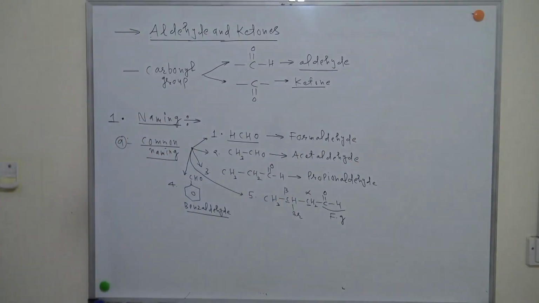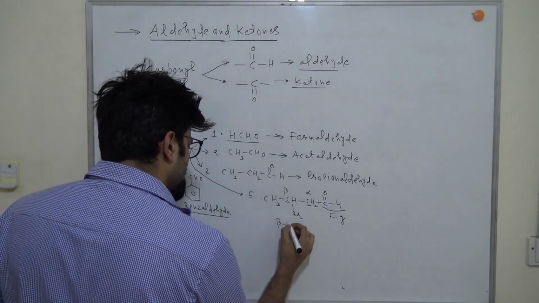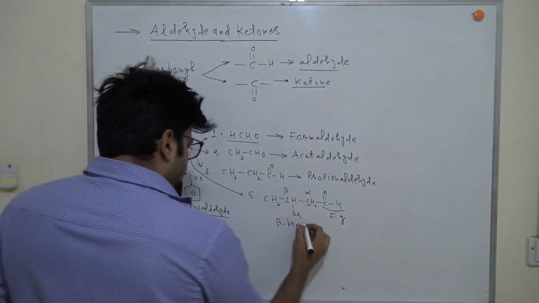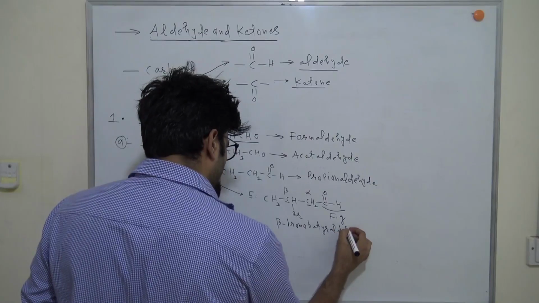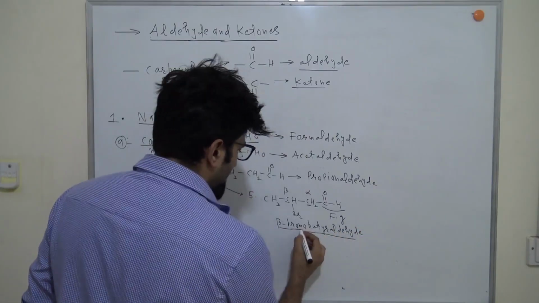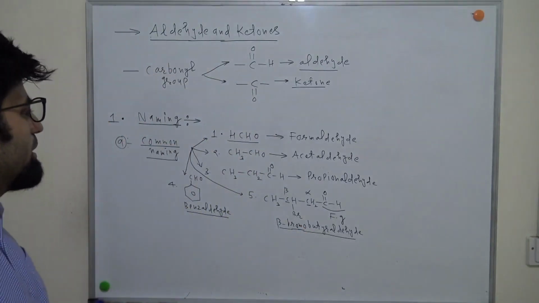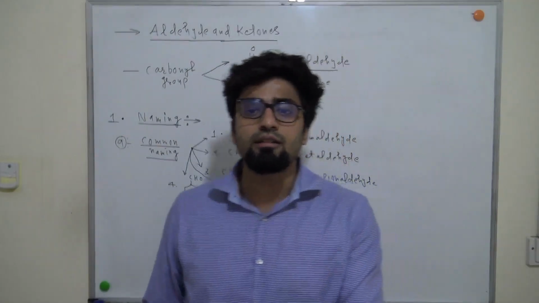So the common name of this compound is beta bromo butyraldehyde. These are the common names of aldehydes that are important for us to know.